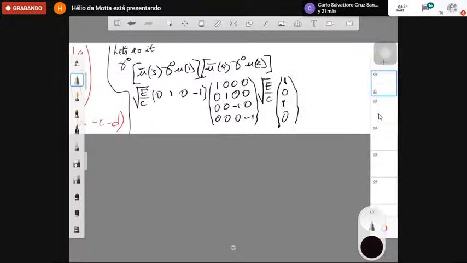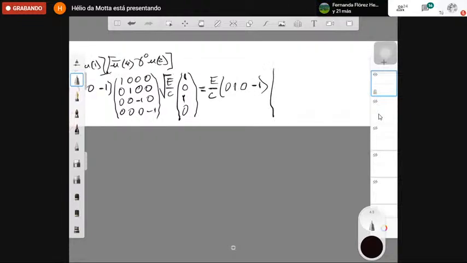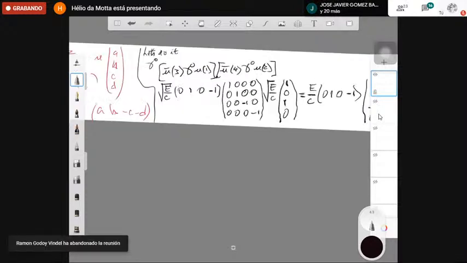If we make this multiplication, this is 0. Since this is 0, no reason to make the second part. So for gamma 0, the result was 0.